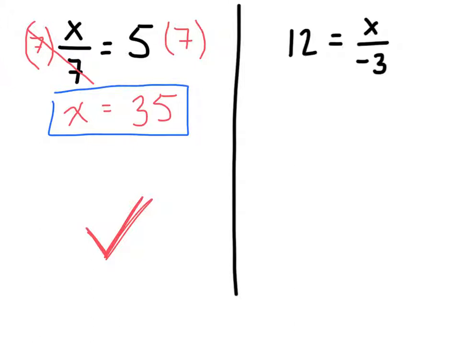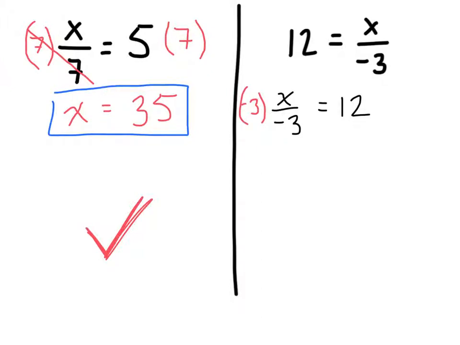Alright, so the way that I like to solve it, I like to set it up where the answer is always on the right side. So we can always rewrite this to where x divided by negative 3 is equal to 12. So remember, we are doing some division. So I am going to want to do the opposite operation of division, which is multiplication. So if we have a negative 3 in the denominator, we're going to have to multiply by a negative 3.